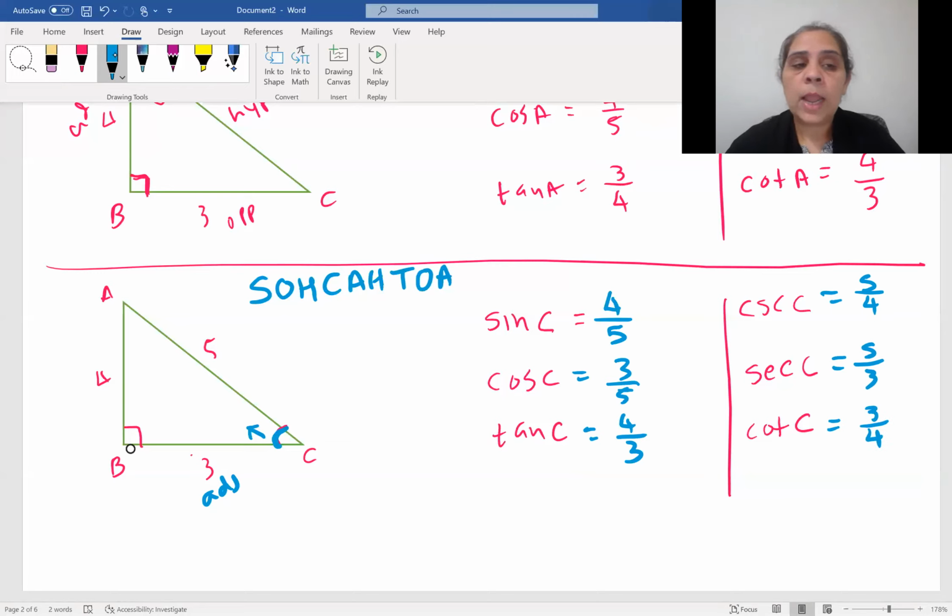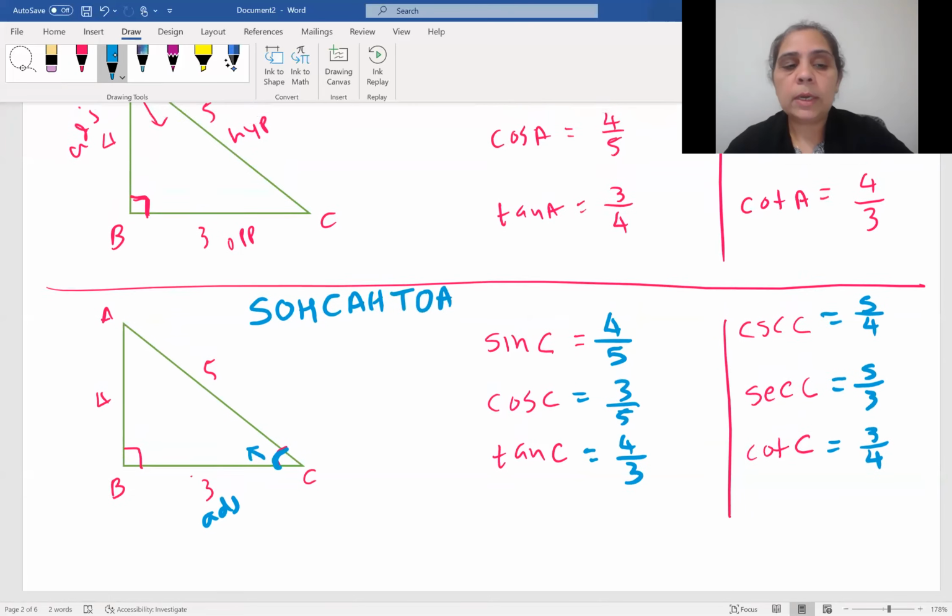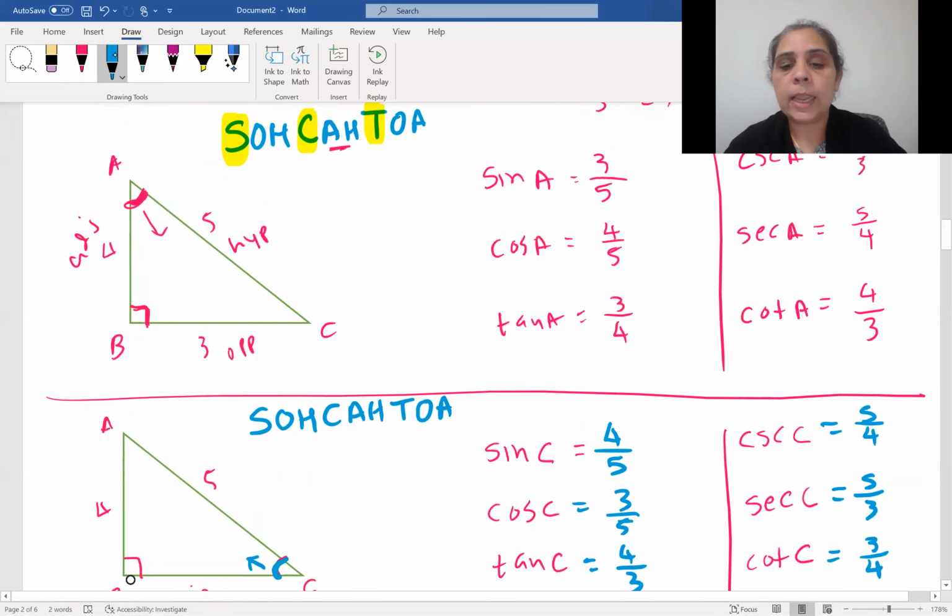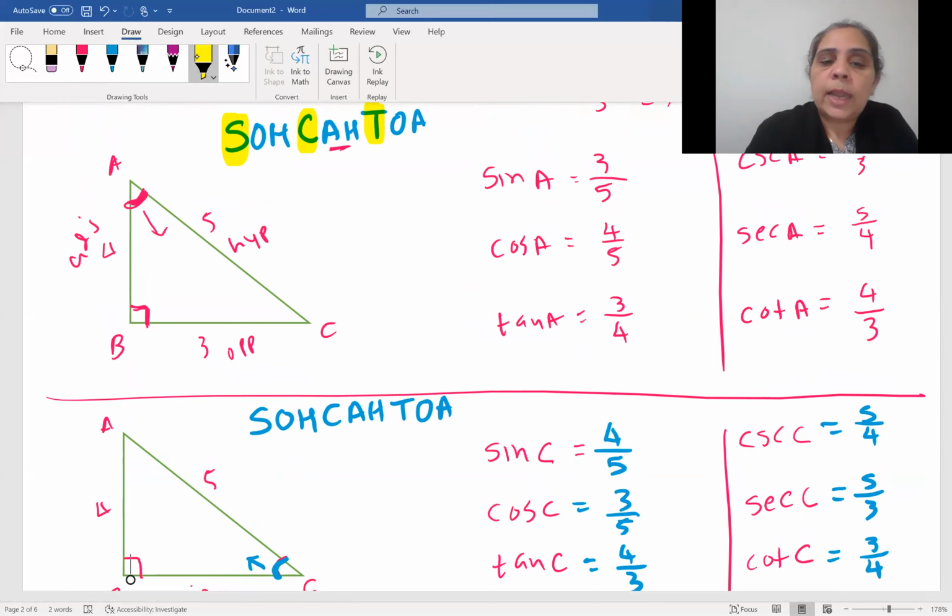All right, so now what we can notice from here is that we have exactly the same triangle. We have sine A is 3/5, and if you check, cosine C has the same value. Look at that.